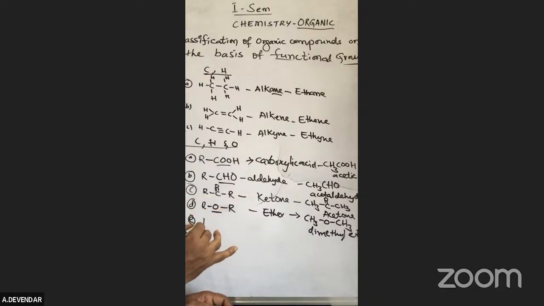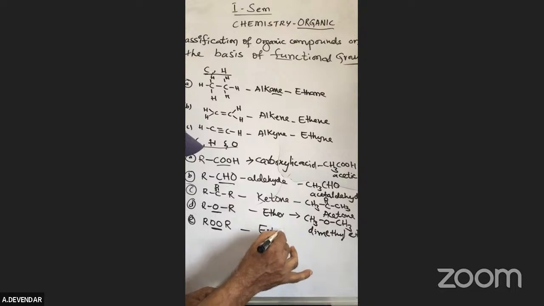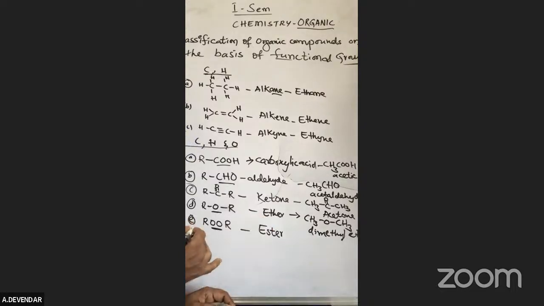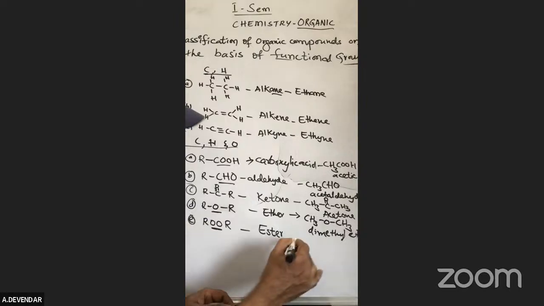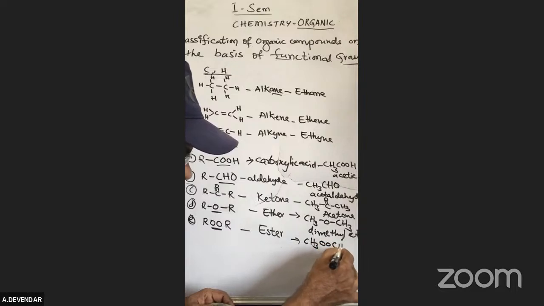R, O, R with a double-bonded O is called an ester. So, methyl ethyl ester or dimethyl ester. I'm taking the same one: CH3, COO, CH3, dimethyl ester.